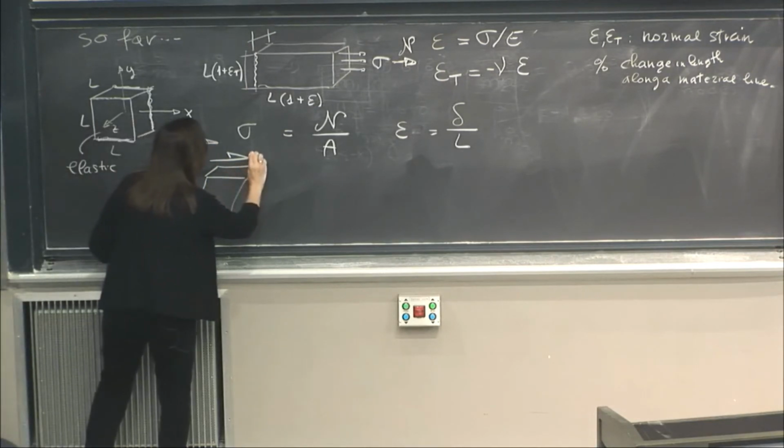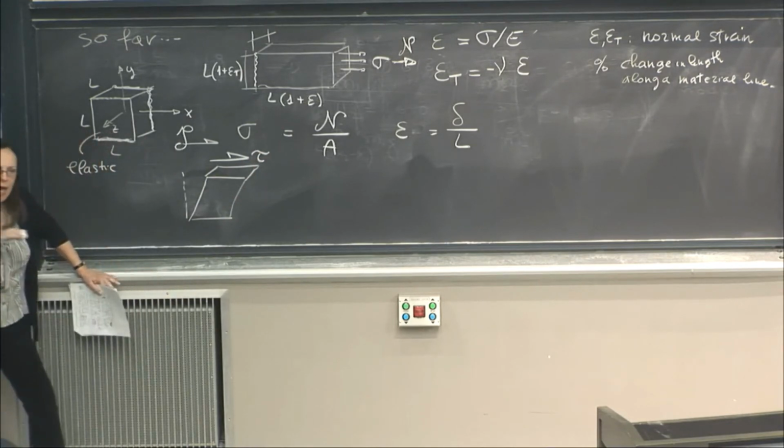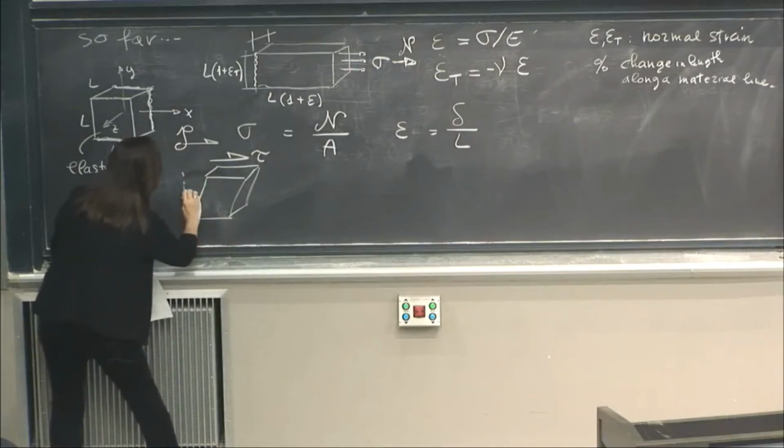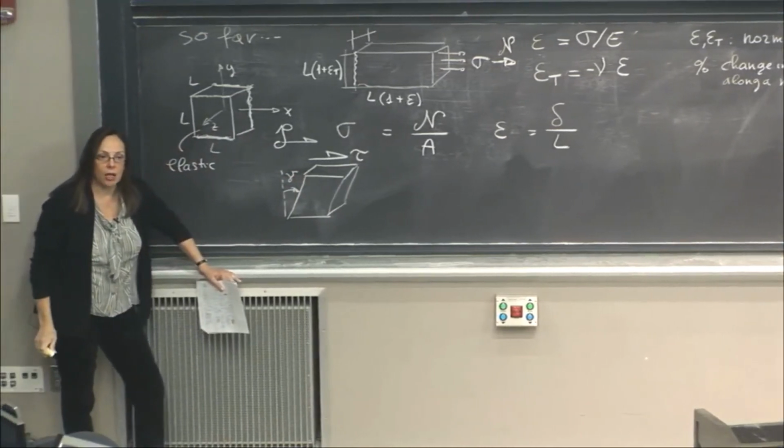Out of that, I get a stress, which is a force per unit area parallel to the surface, and we call that our shear stress. So we have a shear stress tau, and we defined as gamma that change in angle, right?